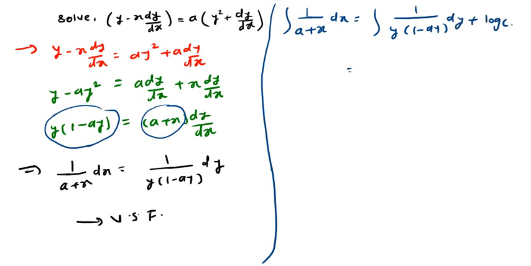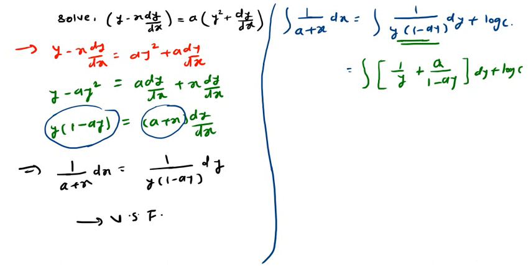Now to take this integration we need to use partial fractions, and we have studied partial fractions in the first chapter. After using partial fractions I will get terms like this: 1 by y plus a upon 1 minus ay, dy plus log c.